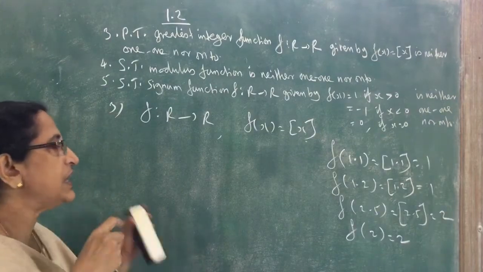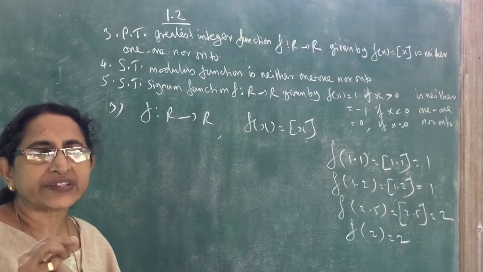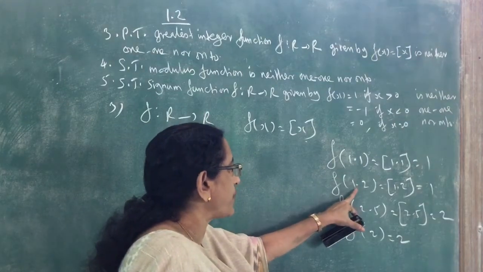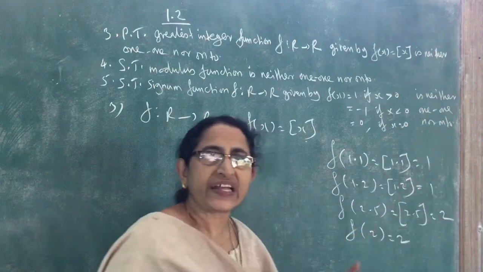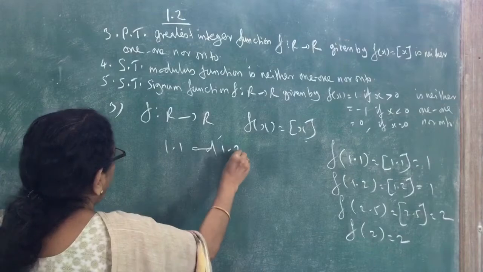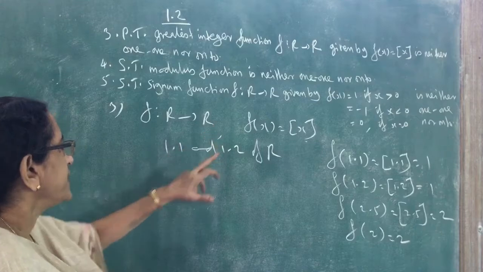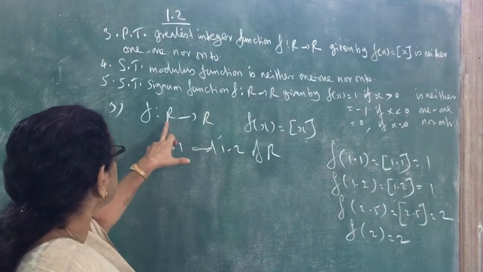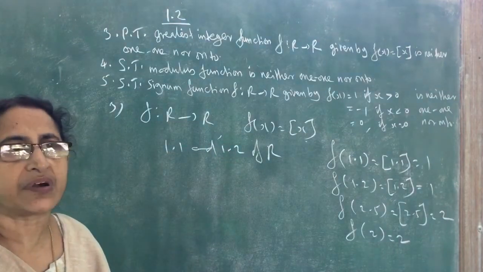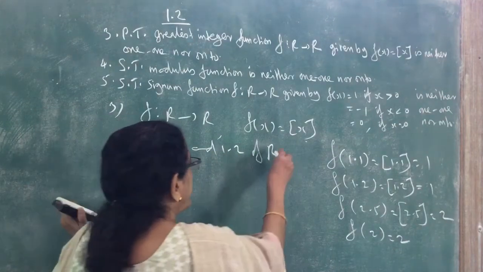Why is it not one-one? We have to show that since it is not one-one, just to show with one example, that two different elements have the same image. So just write here 1.1 and 1.2 have the same image 1. Only that you have to mention. So we can write 1.1 and 1.2 of R, which is the domain, because both domain and codomain are real numbers, but we have to mention which one that is.